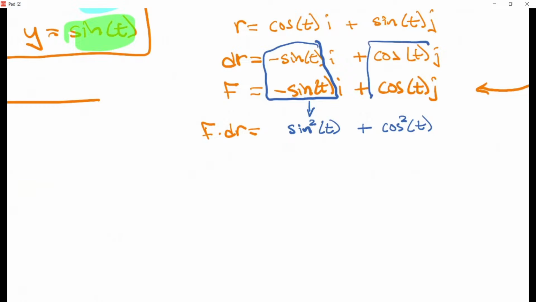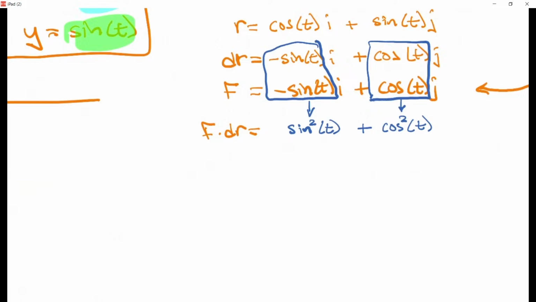You take the product of the x term, or the i term, and then add that to the product of the j term. And if we had a k, if this was in a vector function through 3 space, then you'd have a k as well. And you just add them up. So you end up with a nice scalar, no i, no j, no k.